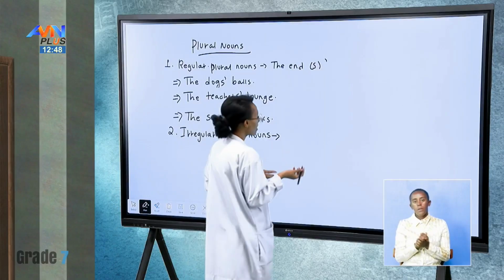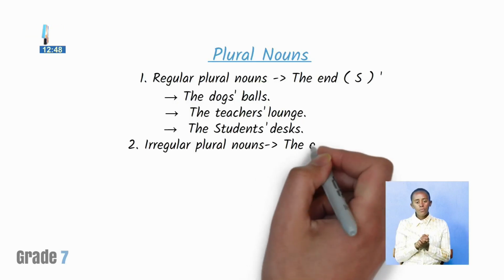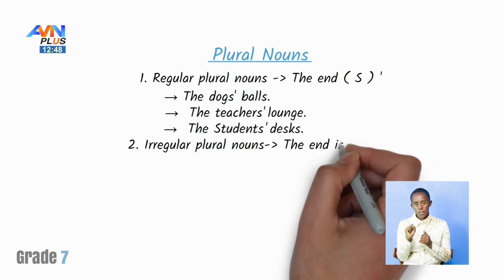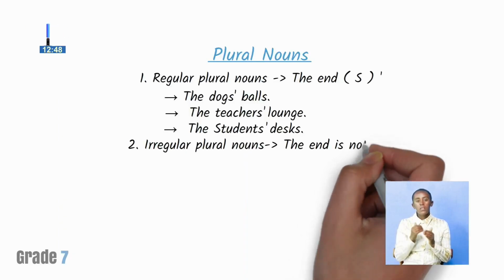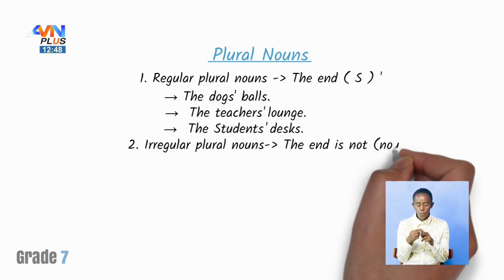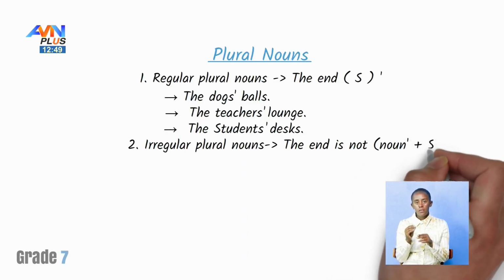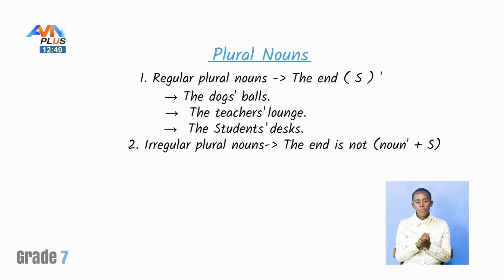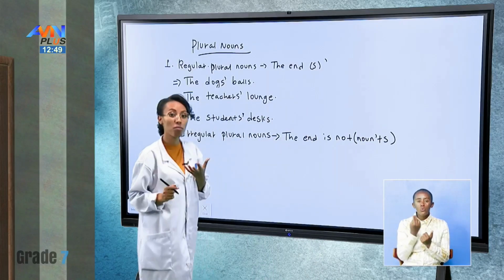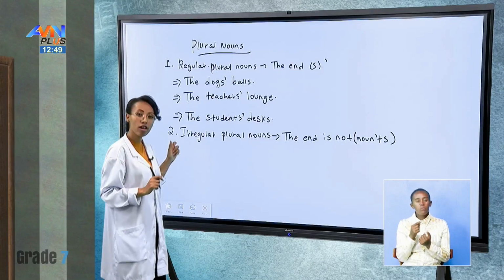So if the ending is not S, then we do what? First the noun, and then apostrophe, and then S. This is how we use an apostrophe with irregular plural nouns.